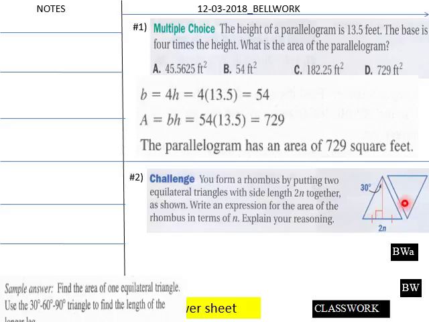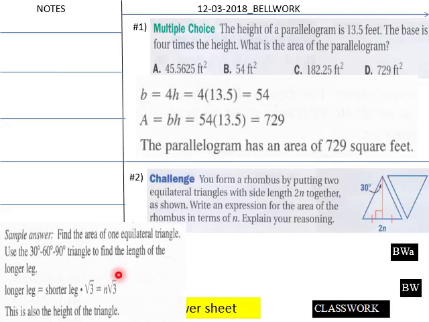And then for this tricky one down here, find the area of one equilateral triangle, a 30-60-90 triangle, to find the length of the longer leg. To find that, we have n times the square root of 3 for one triangle. This is also the height of the triangle, so right here would be your height.